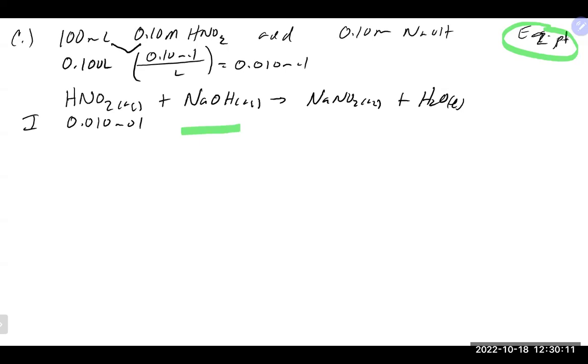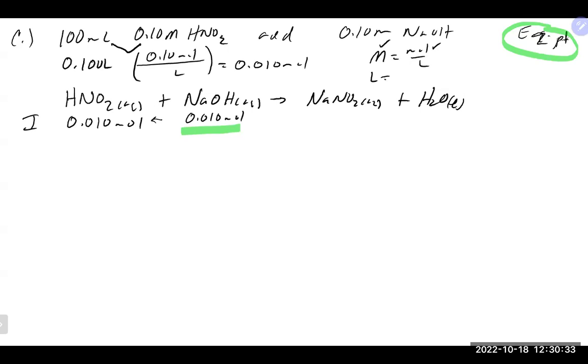One way is, I know the moles of my sodium hydroxide should be what number? Should be that number since it's at the equivalence point. So, frankly, I already know that this should be that, which means I have molarity, which is moles per liter. I know the molarity, I know the moles.